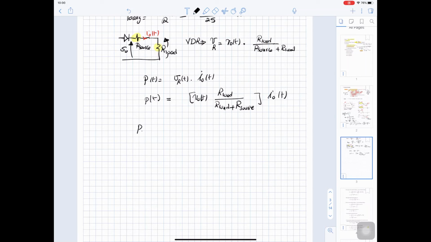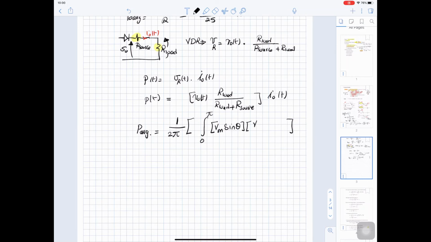To get P average, we will take 1 divided by the duration, pi or 2 pi. Then we will integrate this equation from 0 to pi. V out is V max sine theta.